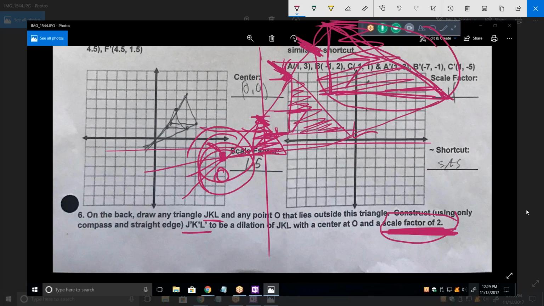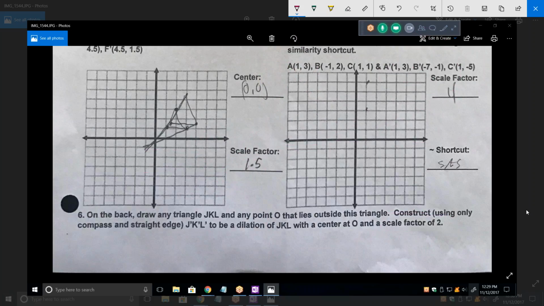And the center of dilation they give us. Or, well, they say you can make it up. I should have drawn my picture something like this, just so it would have all fit. I should have drawn it like this. Now here's my center of dilation.